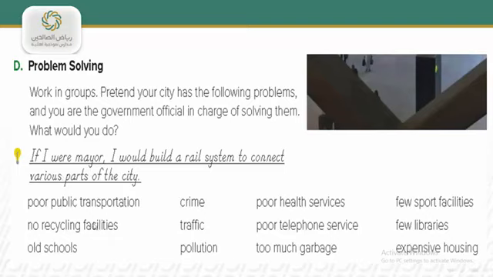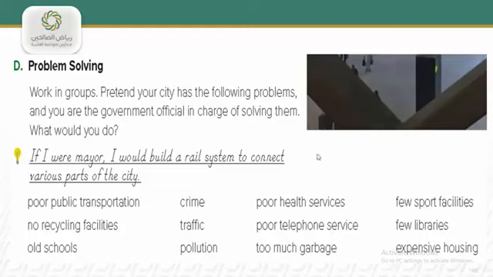Next problems such as no recycling facilities, old schools, crime, traffic, pollution, poor health services, poor telephone services, too much garbage, few sports facilities, few libraries, and finally expensive housing.